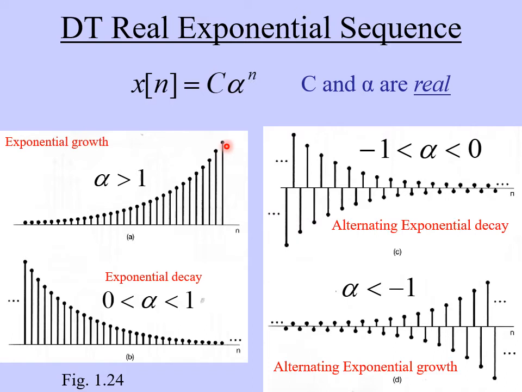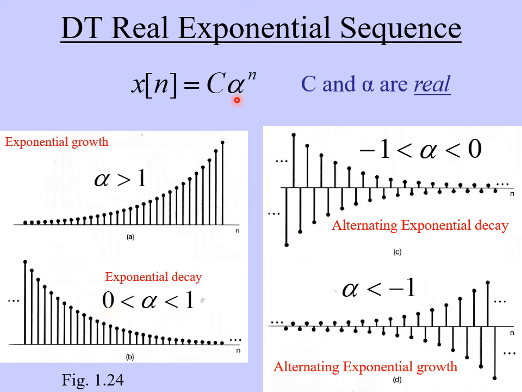So this would be x of n. On the other hand, if alpha is between 0 and 1, like 1/2 or 0.7, then as we raise alpha to a higher power, it's going to get smaller and smaller because alpha is less than 1. So this would represent the case where we have exponential decay when alpha is between 0 and 1.